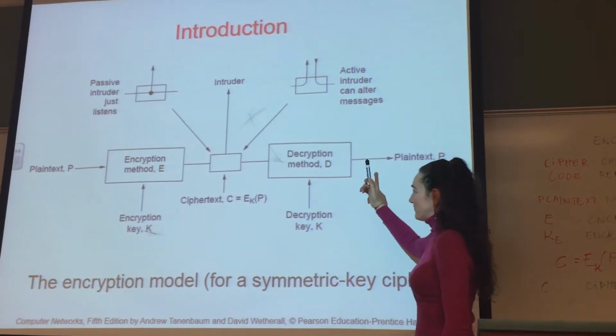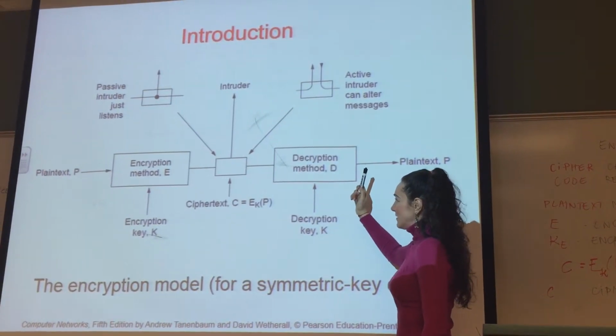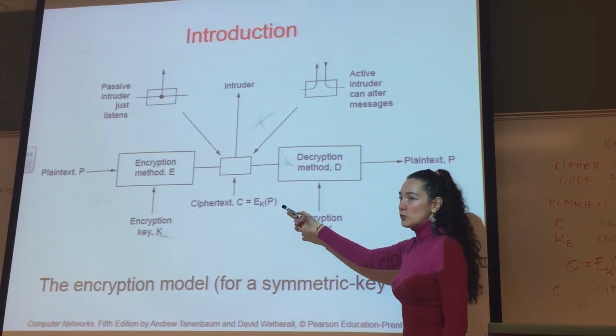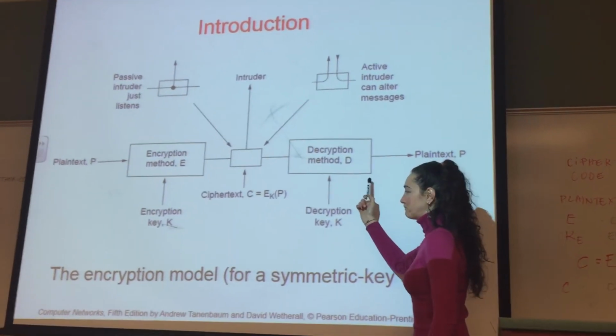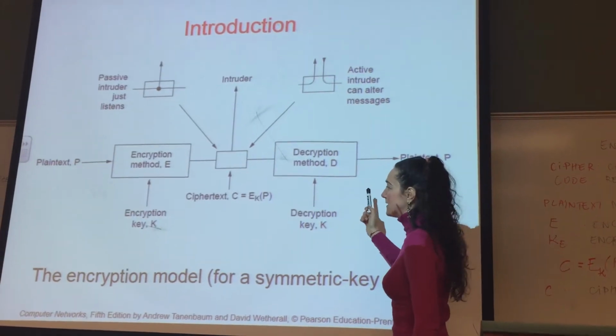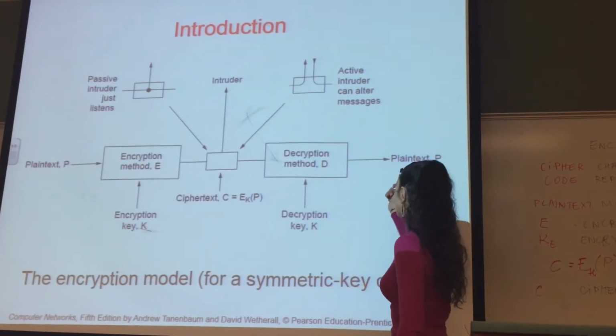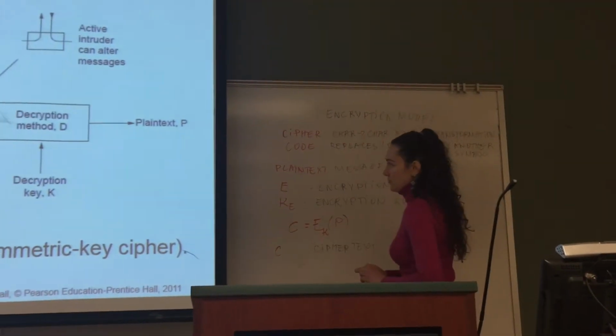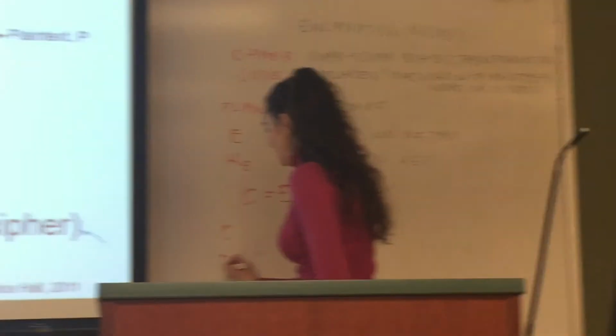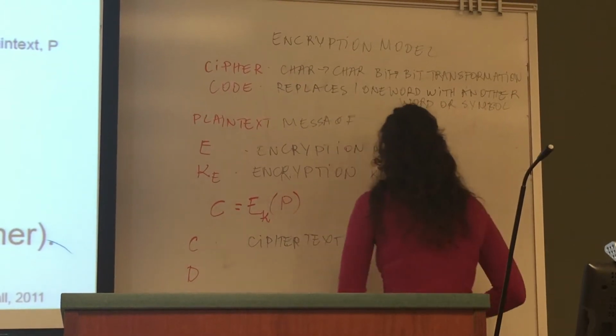And then if we actually want to read the message, we need to apply a decryption algorithm that's going to convert the cipher back into plain text, or readable form. So G is the decryption method.